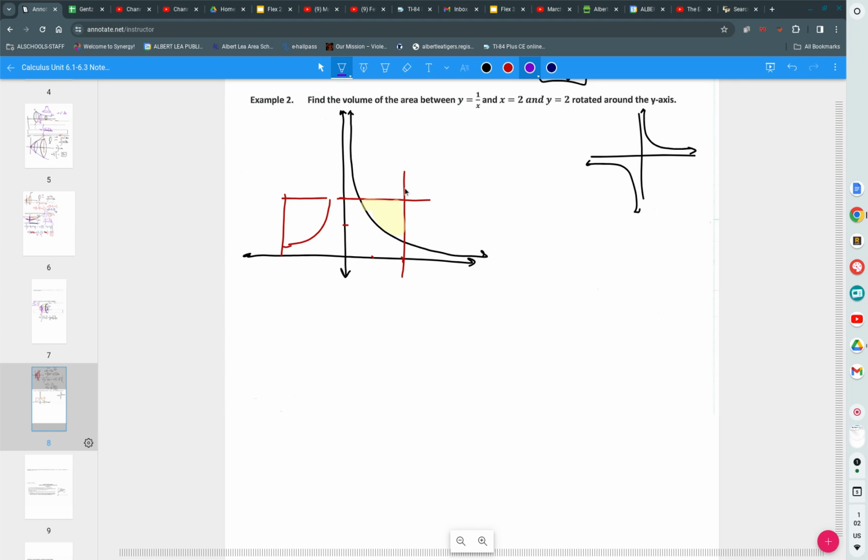I'll do my best to draw it. Let everybody get the sketch real quick.